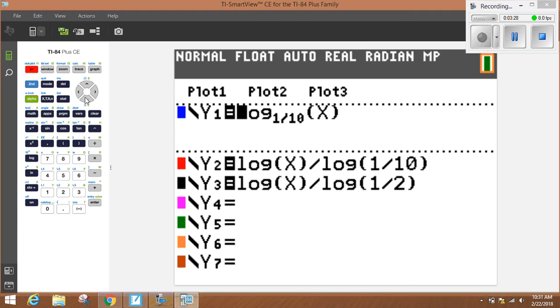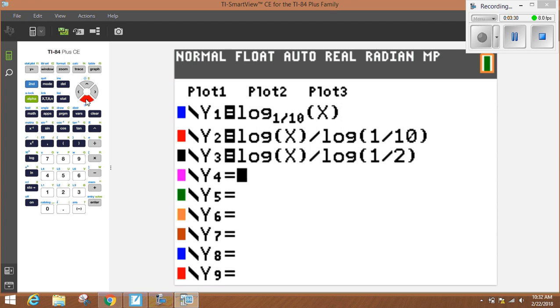Okay, so let's do the last one, log base 1/5 of x. If I change the base, I'll put the log base 10 of x on top, and I'll put the log base 1/5 on the bottom.